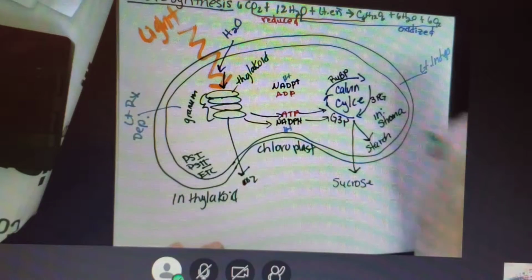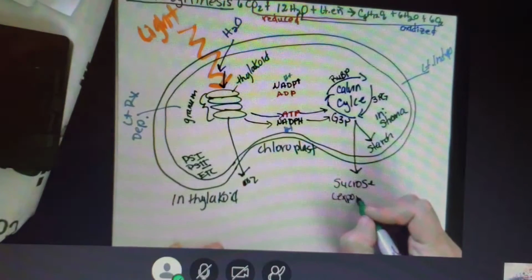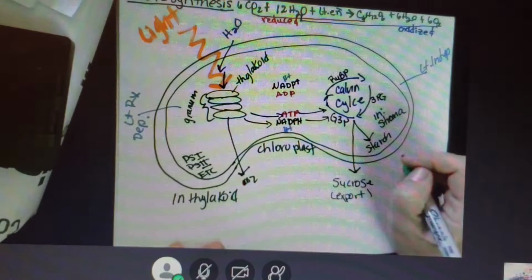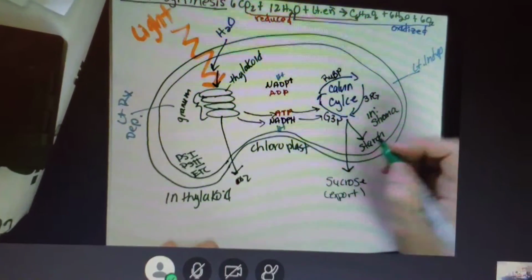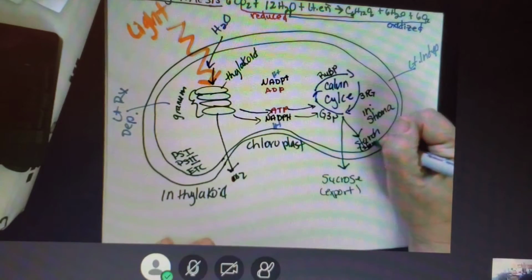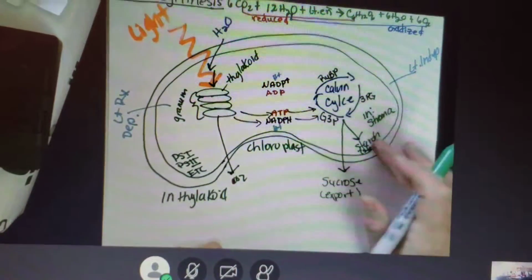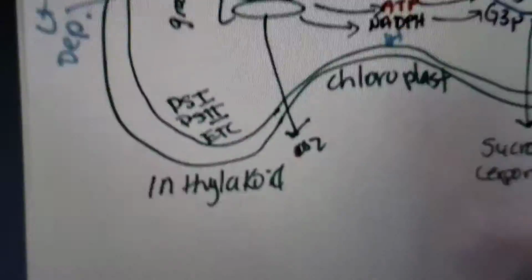Do plants need energy? They do. So they make some energy to export from the cell, and then they also make some starch to store, because they've got to have energy too, okay? So they're going to make sucrose and starch, right? Sucrose is just a more complicated form of glucose, right?